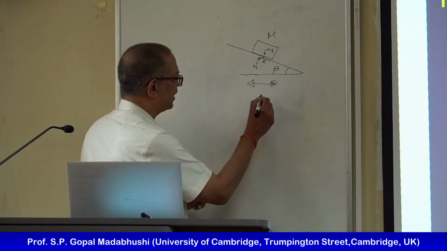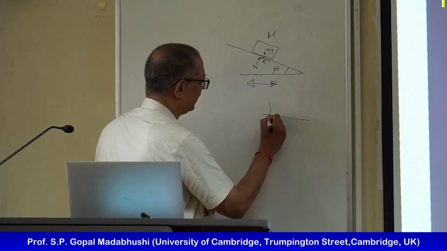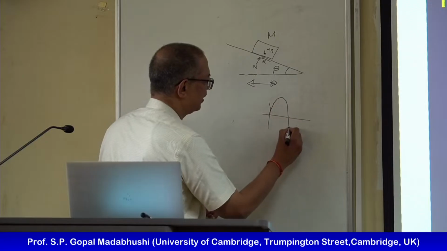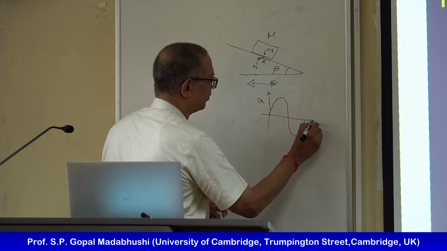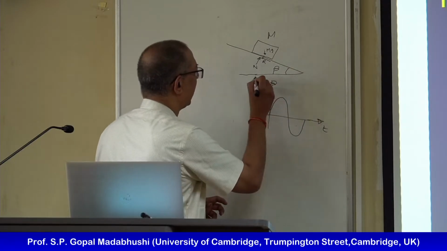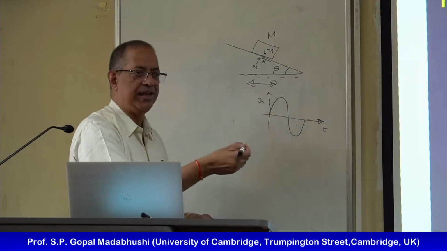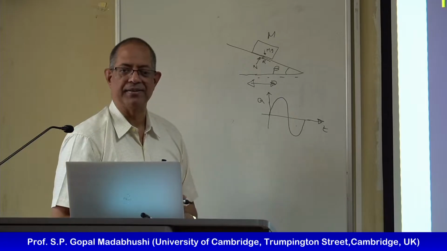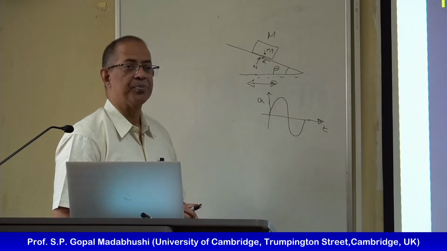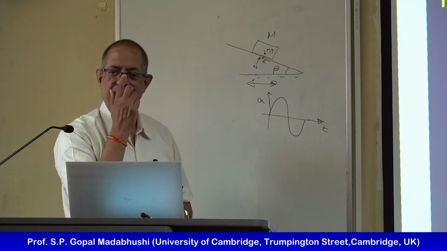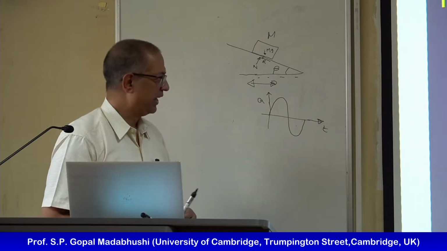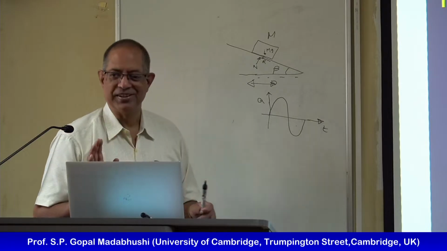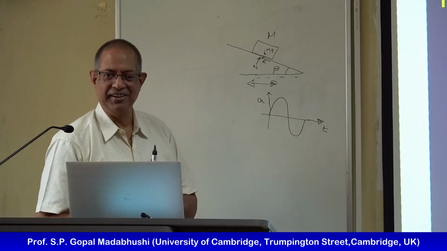Okay, let's imagine I'm only going to apply a sinusoidal pulse. So this is my acceleration with time. That's what I'm applying at every point. So that's the acceleration pulse I'm giving it. So what will the block do? Okay, good. That is one answer.